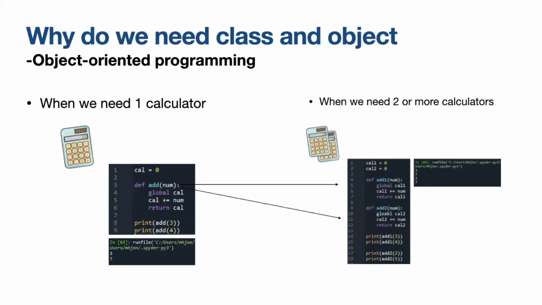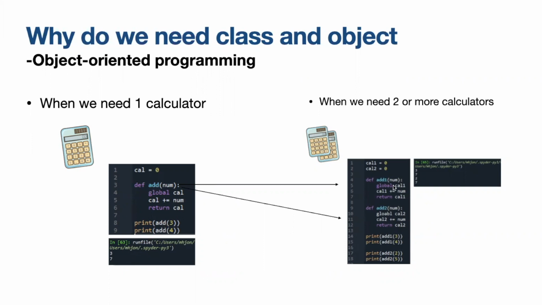The reason why we need class and object is this: when we need just one calculator, we can just define a function with add num, and by repeatedly adding, we can get the desired result.